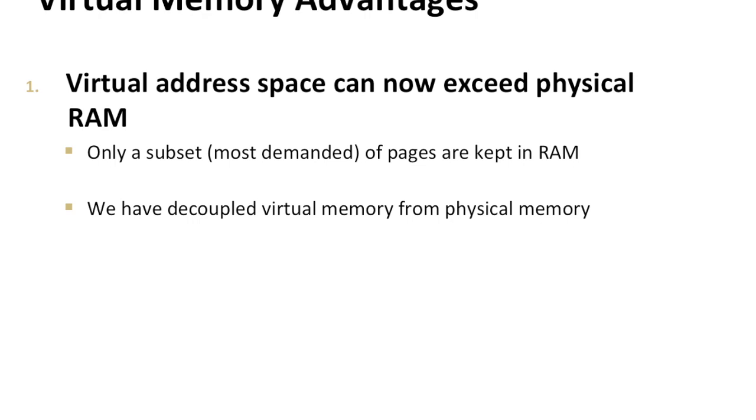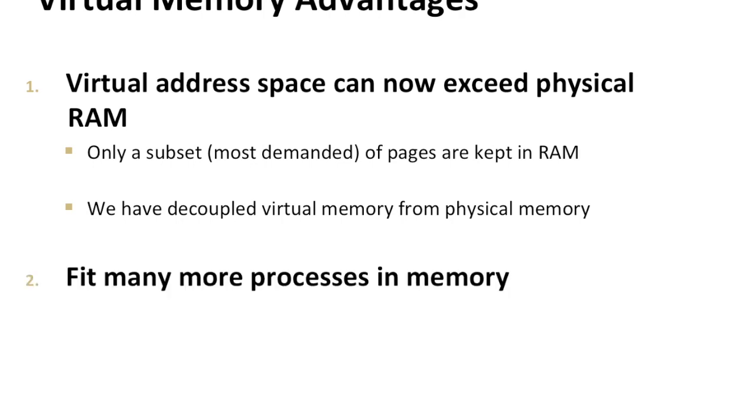So essentially now we have decoupled the virtual memory, the logical address space, from the physical memory. And this will allow us to run many more applications. We can now have just a few pages loaded for each of the processes. It allows us to decrease the amount of time it takes to swap it out.